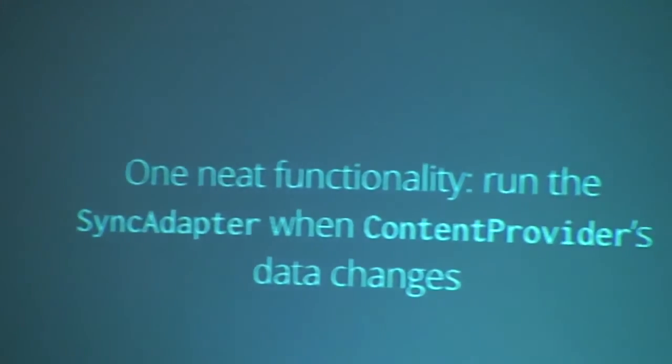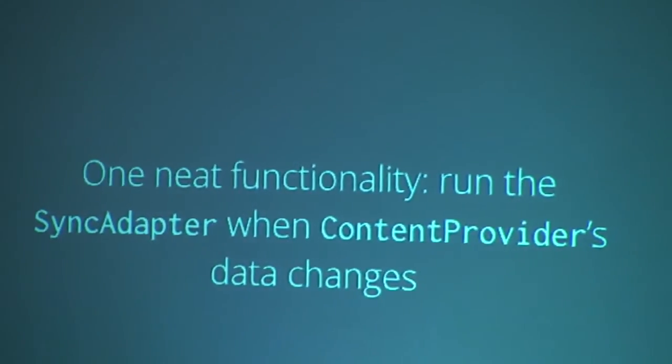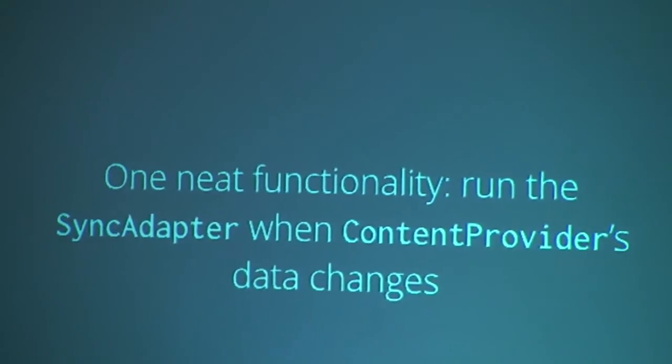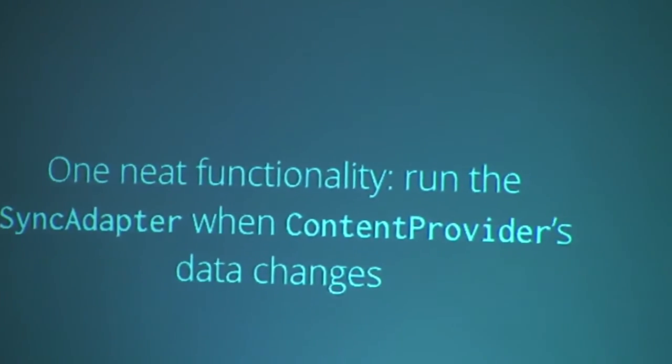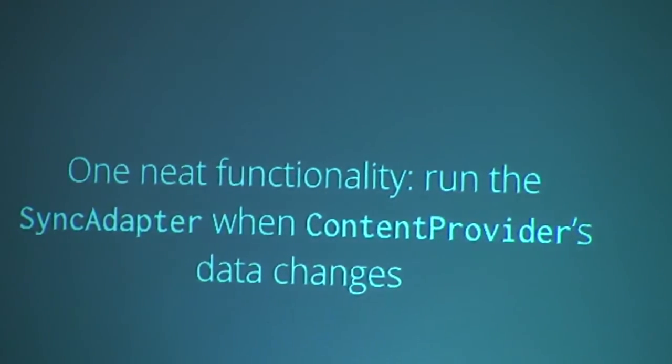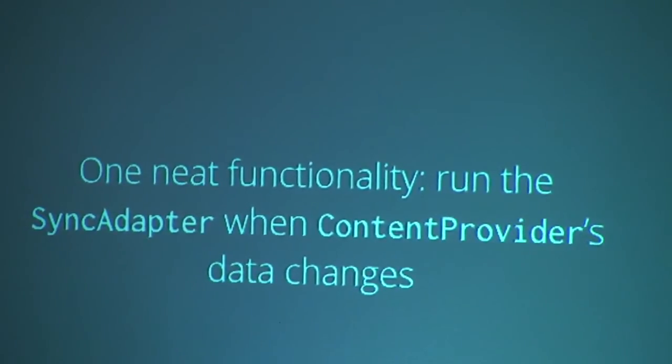Well, I told you before that one very important part of the SyncAdapter is to trigger synchronization from the content provider data changes. So this can be very useful. For instance, in Capitaine Train, we have some options the user can put on some tickets.